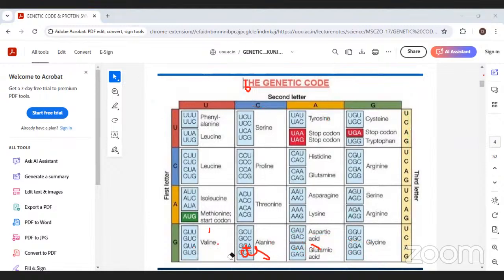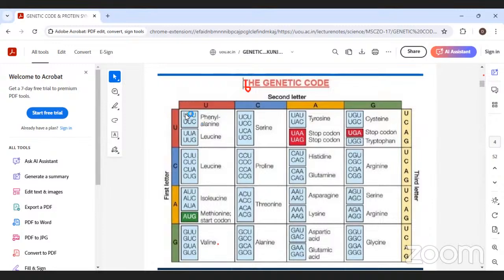After that, first you can observe these codons. See, these are the codons. The degenerate is there, no? You can observe the table: 4 into 4 into 4 are 64, as shown in this table.